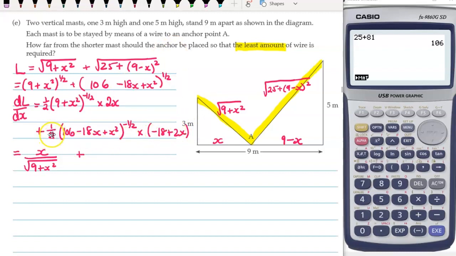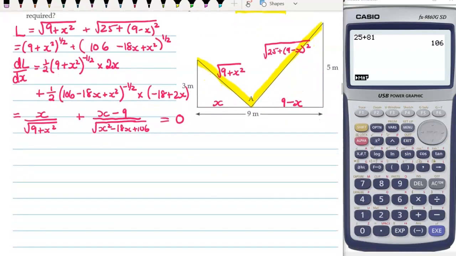It gets divided by 2, so it'll be an x minus 9, and I'm just writing it that way round rather than minus 9 plus x because I don't like it starting with the negative. On the bottom we have the square root of x squared minus 18x plus 106, again just putting it in the order that I like having the x squareds at the front. Doesn't really matter too much though. We're going to set that equal to 0 now.